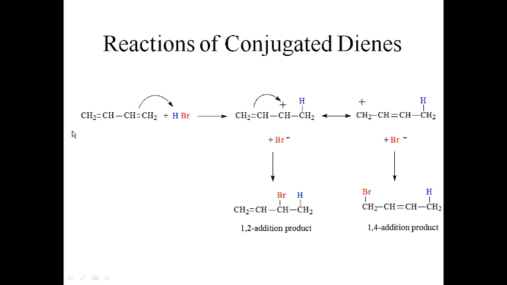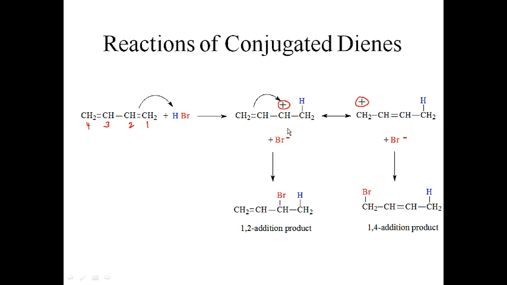So here's just another version of that. And in this case, unfortunately, in this old slide, I numbered the 1, 2, 3, 4 from right to left. But notice here I've added H plus to carbon 1. There's my carbocation. My double bond moves there to give me the second resonance structure.